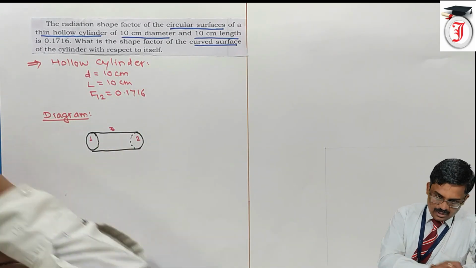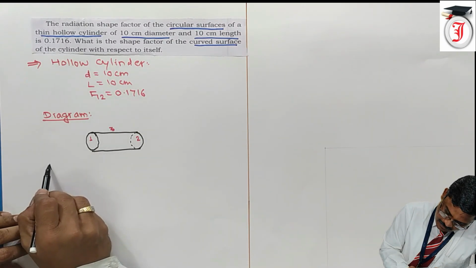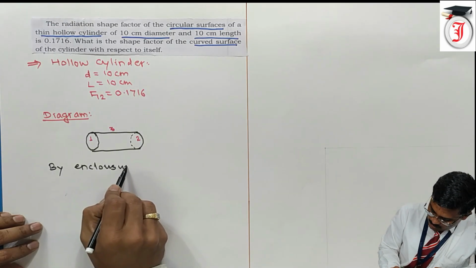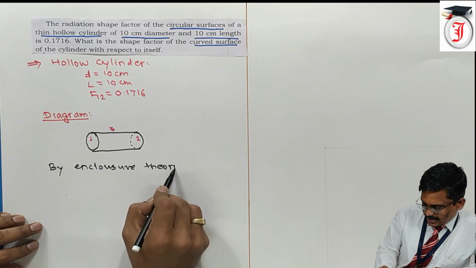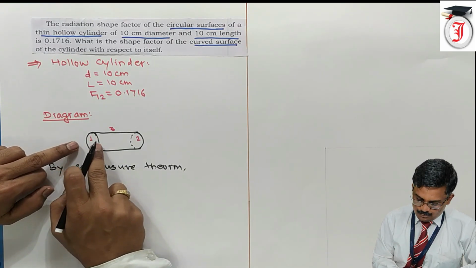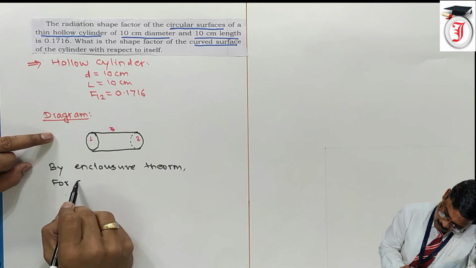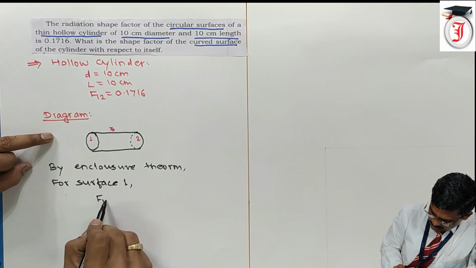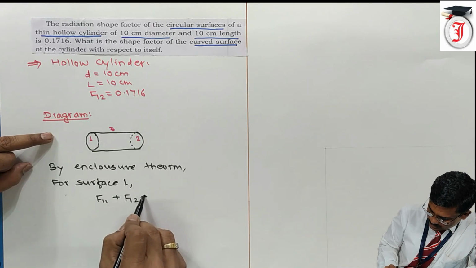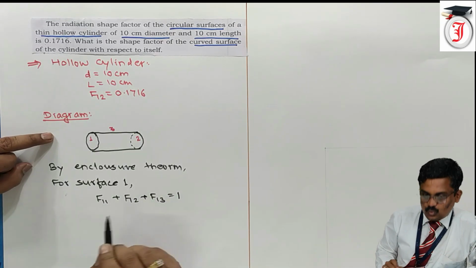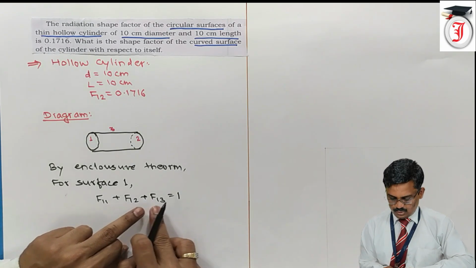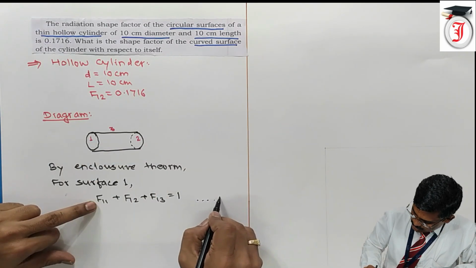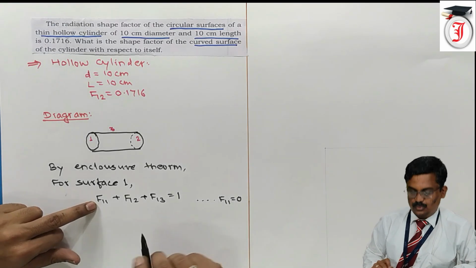We know by the enclosure theorem, or law of radiation shape factor, we can write for surface 1: F11 plus F12 plus F13 is equal to 1. By observation this is a plane surface, so F11 is equal to 0.